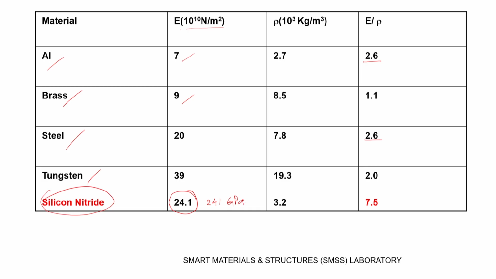Not only more than steel, but steel's density is 7,800 kg per meter cube, and this is 3,200 kg per meter cube. So, that means the E by rho here is 7.5, which is the highest, and no wonder that is why silicon nitride is used as a probe for the SPM whenever you are actually maximizing the resonating frequency of the system.